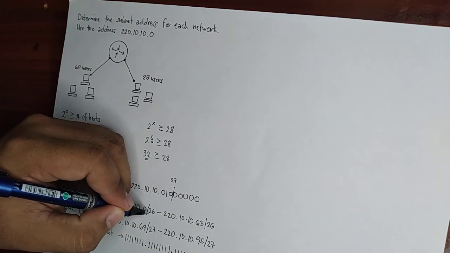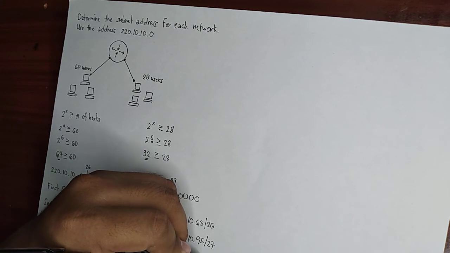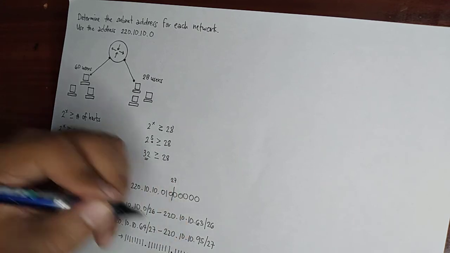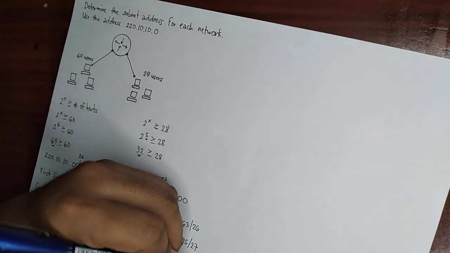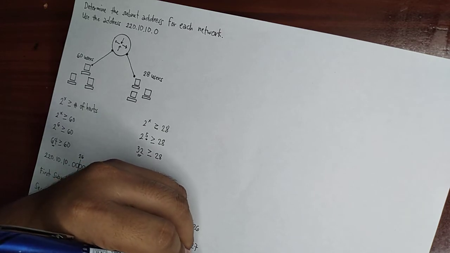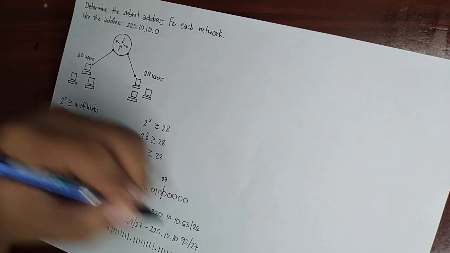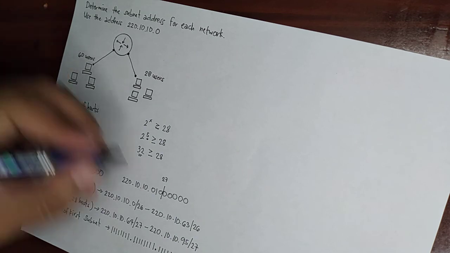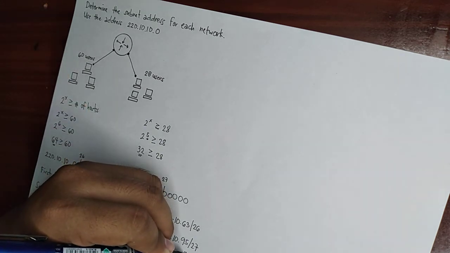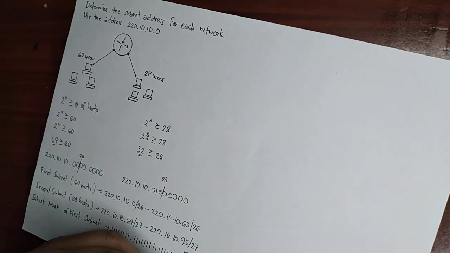Since this one is a slash 26, we have the first and second bits of the last octet set to 1, and the rest will have a value of 0. This bit is 128 and this is 64, remember 1, 2, 4, 8, 16, 32, 64, 128.